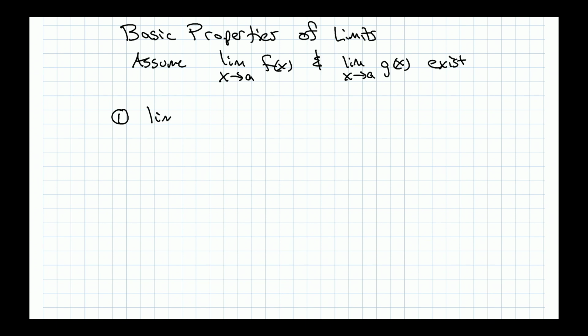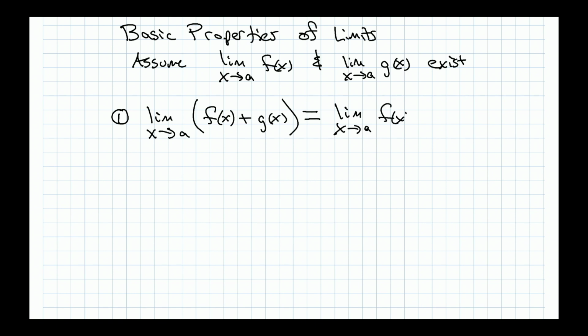What if you have to do the limit as x approaches a of two functions added together? Well, it turns out that if you have to do the limit of two functions added together, you can do them separately. The limit as x approaches a of f of x, do that, and then you just add it to another limit. So you can split up a limit and do it that way.